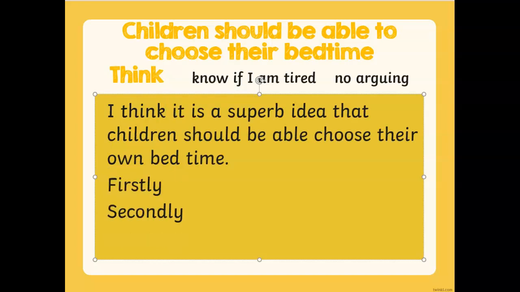I have used superb idea as my emotive language. I think it is a superb idea that children should be able to choose their own bedtime. I hope I'm sounding convincing to you by using my emotive language.